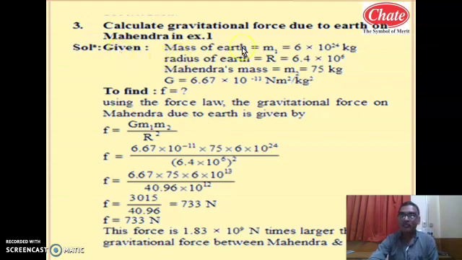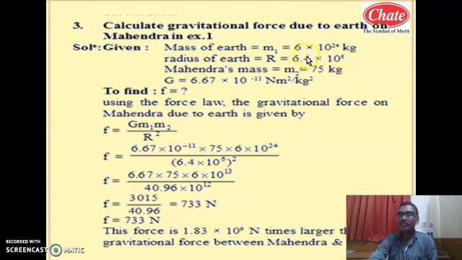Here we must know some constant values about the Earth. The mass of the Earth is 6 into 10 raised to 24 kg, and the radius of the Earth, generally denoted by capital R, is 6.4 into 10 raised to 6 meter.